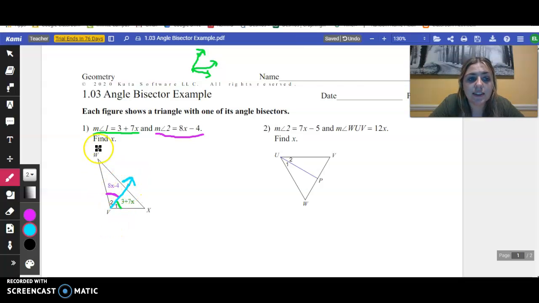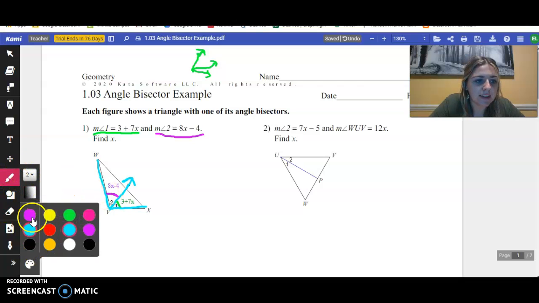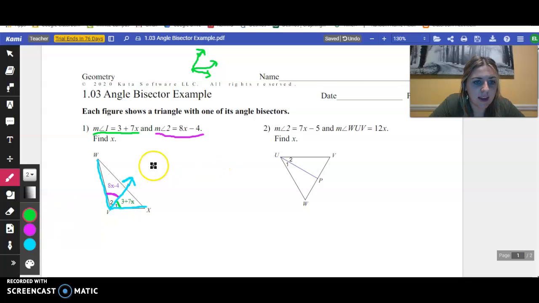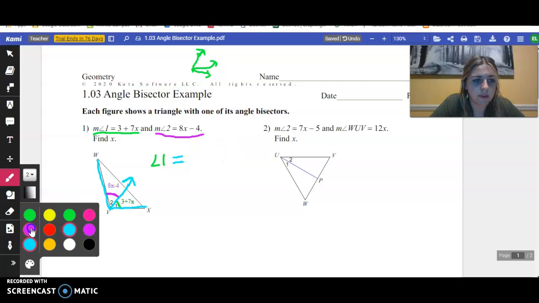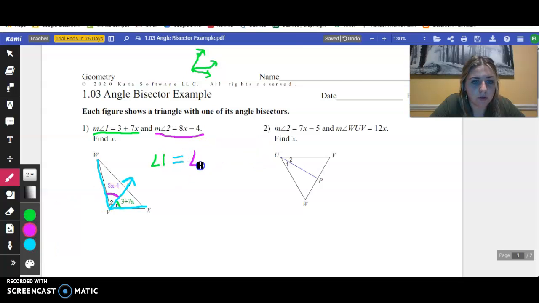And because that's an angle bisector, and this angle would be the whole angle, those two parts are going to be equal because the two smaller parts are equal. So that tells me that angle 1 equals angle 2.